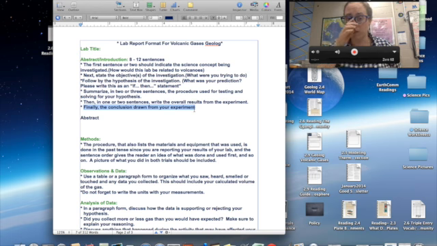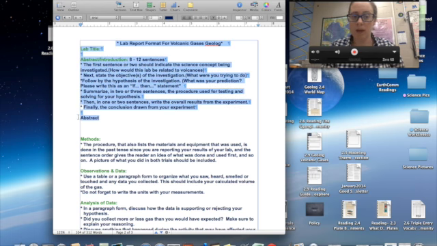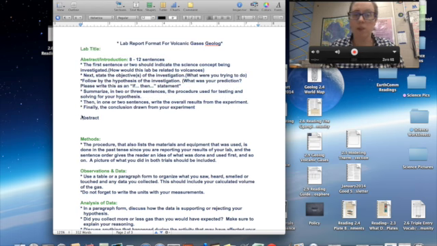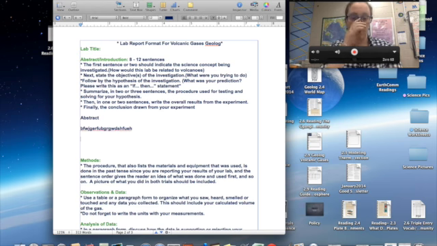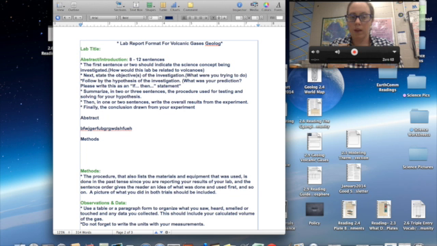Next, we're going to take a look at the methods section. And so you're going to return right underneath your abstract, type methods, have that be your title, and then tell me what's going on. So your procedure is going to be a list of the materials that you used.